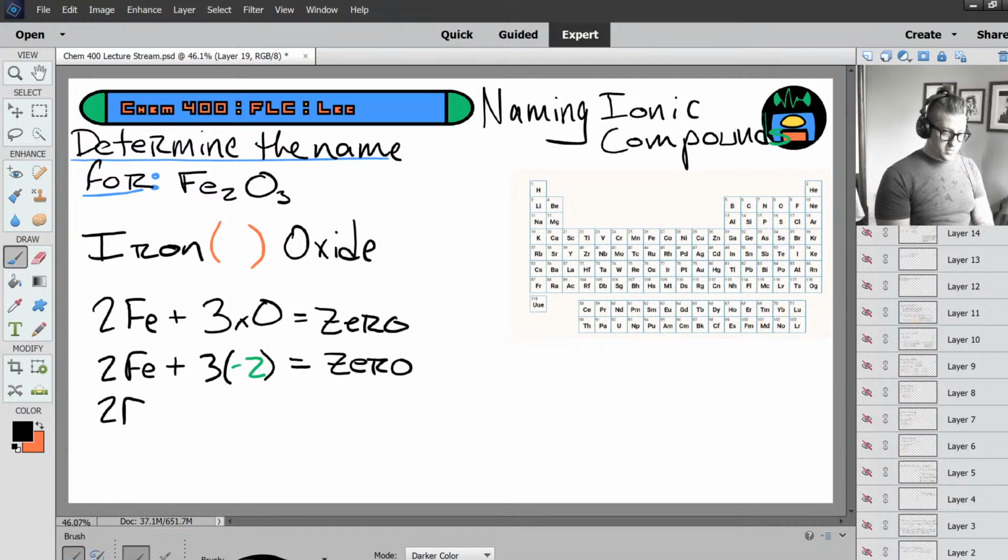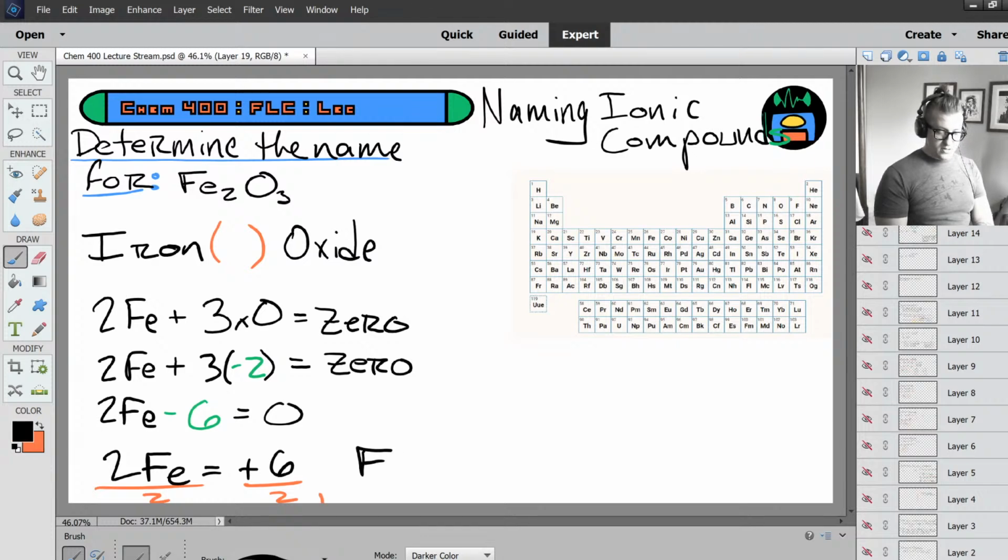That means 2 times iron, minus 6, equals 0, which means that 2 times the charge on iron equals +6. In our last step, we divide both sides of this equation by 2 to find that our iron cations each have a charge of +3. So this is iron(III) oxide.